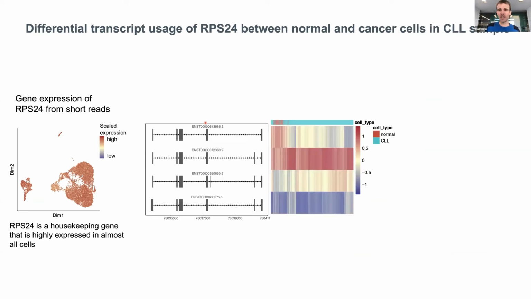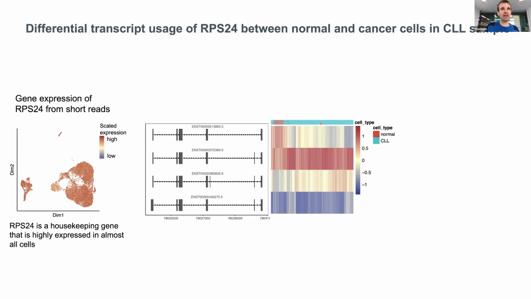So based on our FLAMES, we're looking for isoforms, which ones do we find, and what are the counts from those? We can generate a little heat map that shows, okay, there are 4 main isoforms for this gene. You can see the gene structure there. The heat map beside it then shows the expression of those isoforms across the different cells where we're color coding them, whether they're normal T cells, NK cells, monocytes versus the CLL cells there in the light blue.